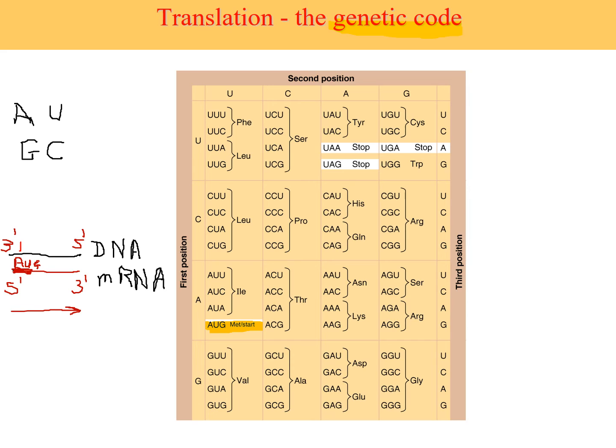Where there's a U here, that means there was an A. And where there's a G here, that means a C. Messenger RNA does not contain T's, it contains U's. So TAC would be transcribed to AUG, and that is a start codon right there.